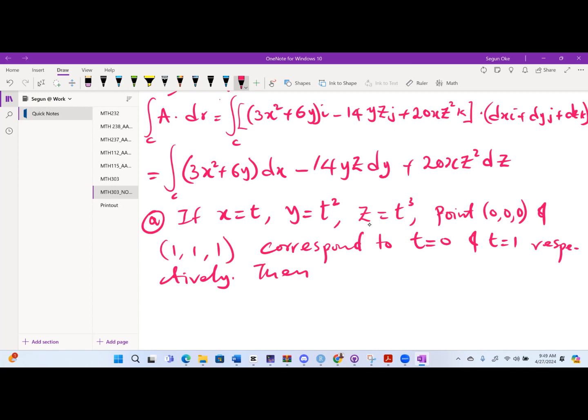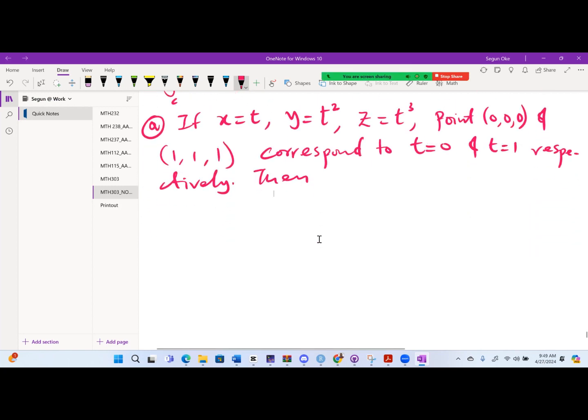Then the integral of this A dot dr equals the integral from t equals 0 to 1. So remember the function of t now. Anywhere you see x, you substitute t. Anywhere you see y, you substitute t squared.